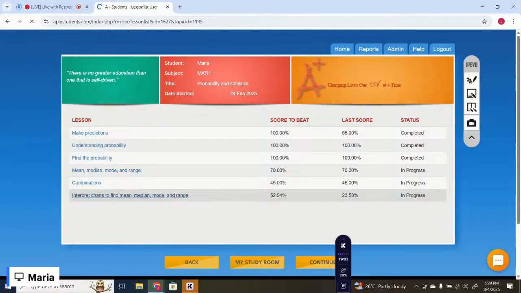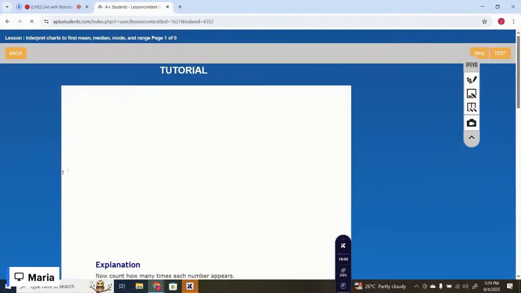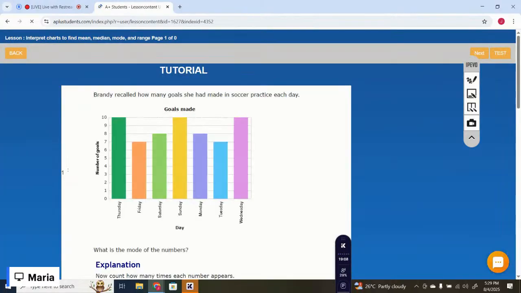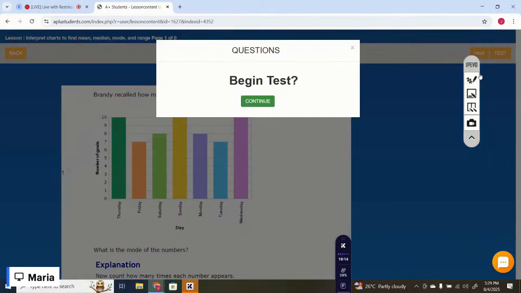That is interpret charts to find mean, median, mode, and range. Let's just start with the test questions.